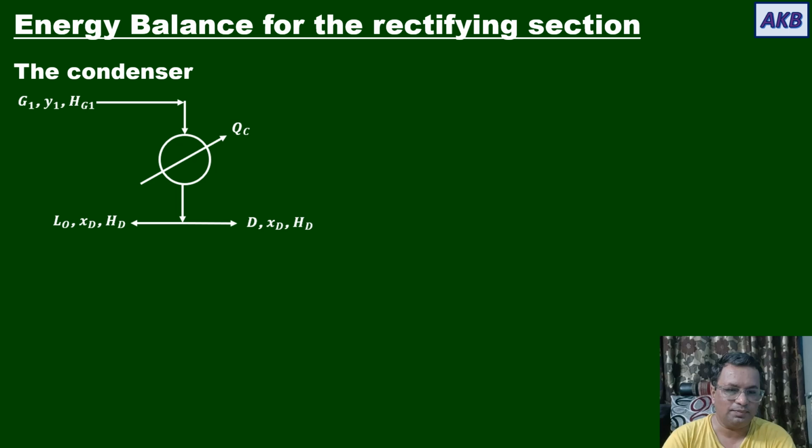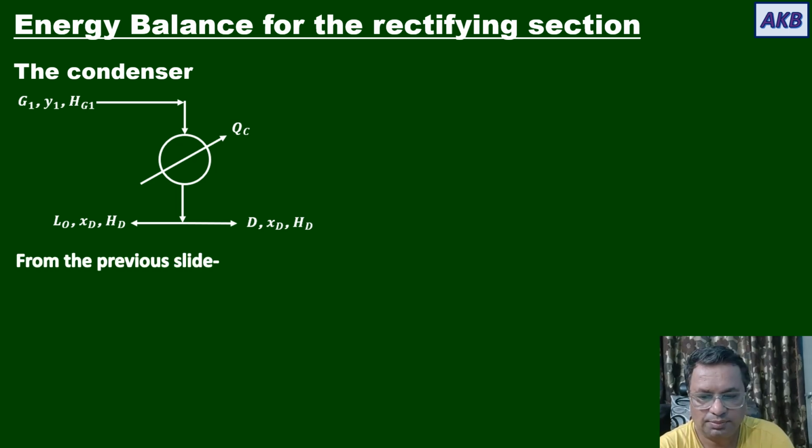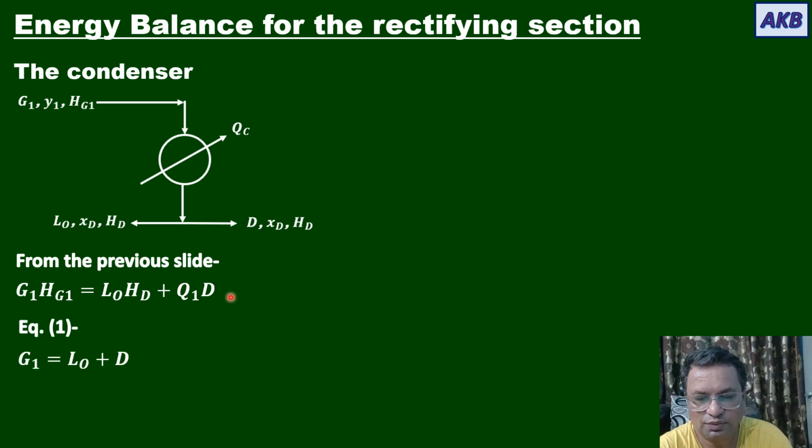Now you can easily identify we have replaced these two terms with Q1 into D. Now let us move ahead. Previously we got the equation G1 Hg1 equals L0 HD plus Q1 into D. I hope you remember this. Now what was equation 1 that we wrote? It was G1 equals L0 plus D, the total material balance.